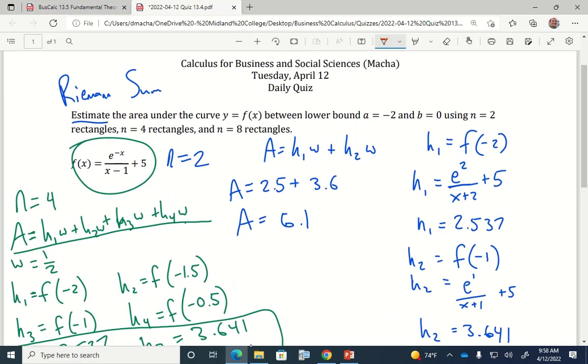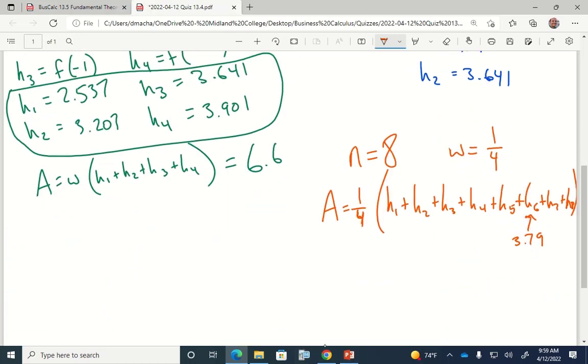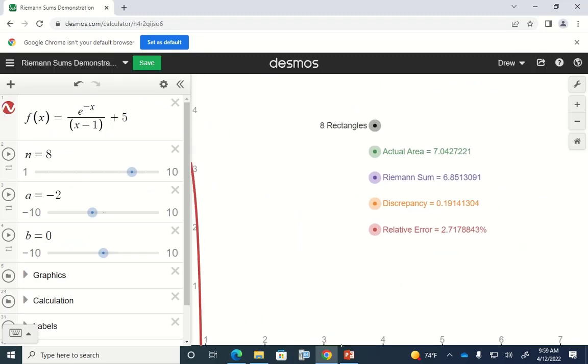All you would have to do again is, instead of x in this function, plug in -3/4. And that's how you find the height of the rectangles. You actually plug back into the original function. And doing this, we would end up with a Riemann sum of 6.9-ish.